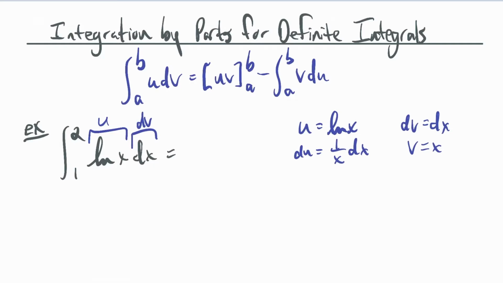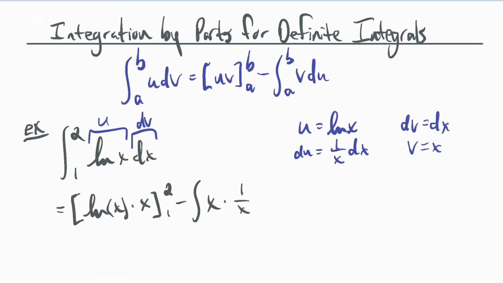So over here, this is going to equal u, which is ln of x, times v, which is x, evaluated at 1 and 2, minus the integral of v, which is x, times du, which is 1 over x. And I forgot the 1 and the 2, dx.